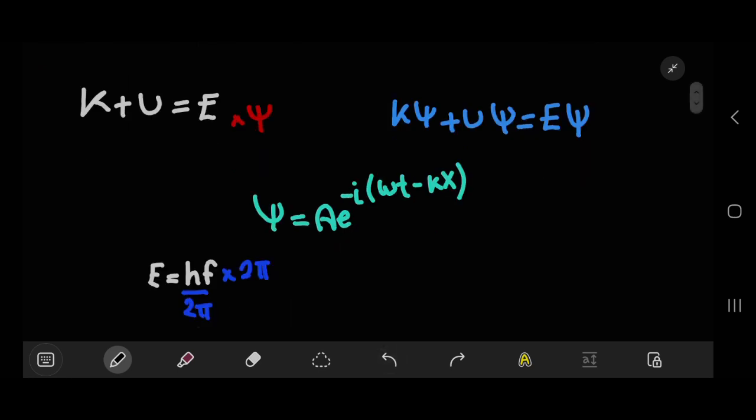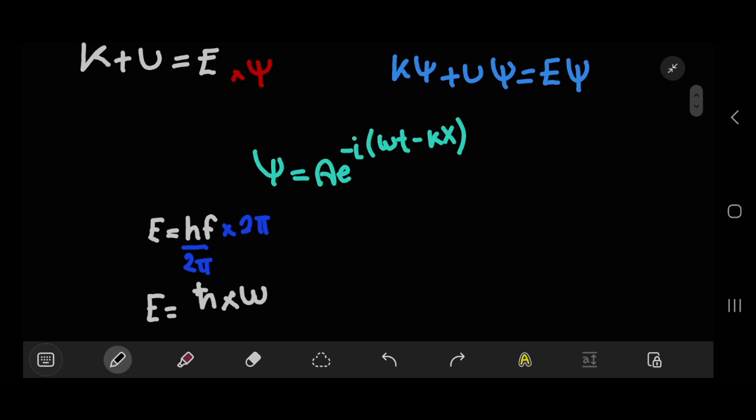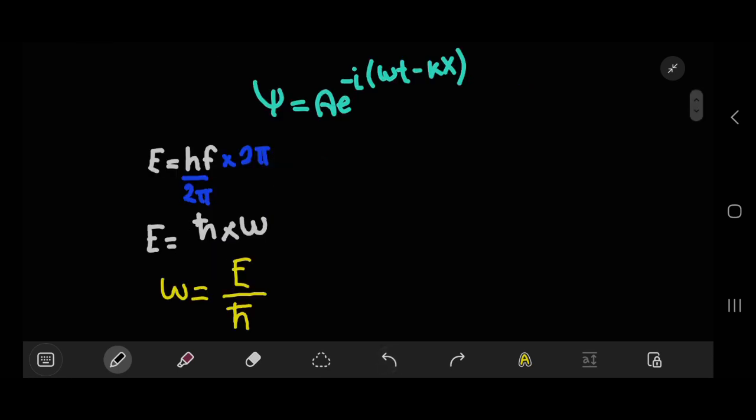Multiply by 2π and divide by 2π, we'll get E = ħf·2π, where ħ is h over 2π, and 2πf is ω. So ω = E/ħ. Then p, which is momentum, equals h over λ, which is the wavelength.